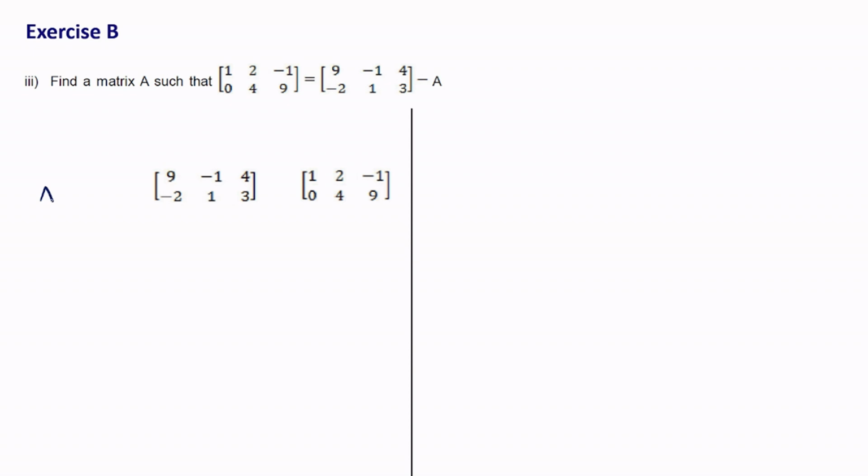So A equals this matrix minus 1, 2, minus 1, 0, 4, 9. So this is 9 minus 1, 8, minus 1, minus 2, minus 3, 4 plus 1, 5, minus 2, minus 0, minus 2, 1 minus 4, minus 3, 3 minus 9, minus 6. So this is A.